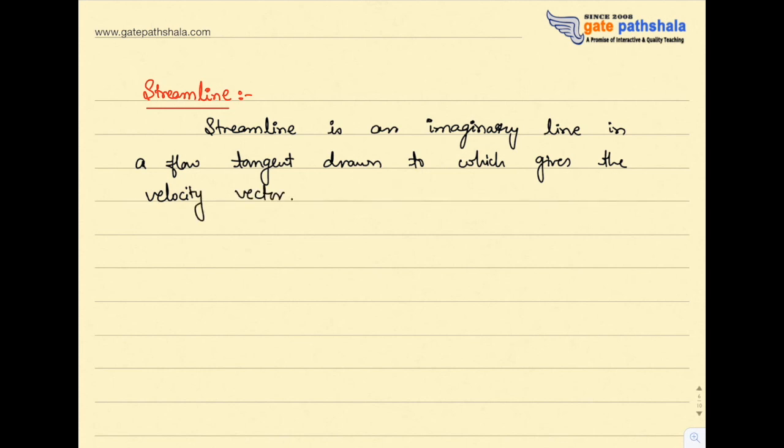Alternatively, you can say that a line tangent to the velocity vector always is a streamline. Right? So let's look at what this streamline is all about.